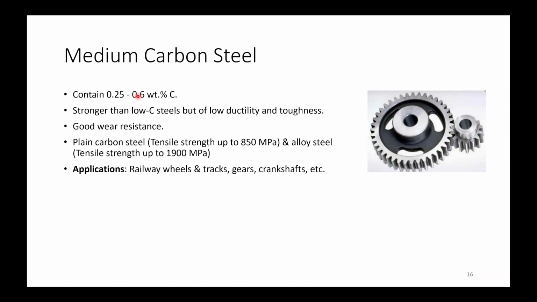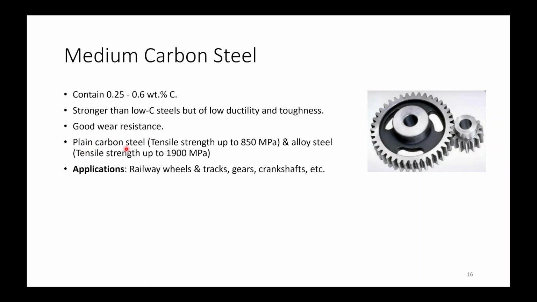Now moving on to medium carbon steels. These contain carbon from 0.25 to 0.6 weight percent, and these are stronger than low carbon steels but of low ductility and toughness. These have good wear resistance.